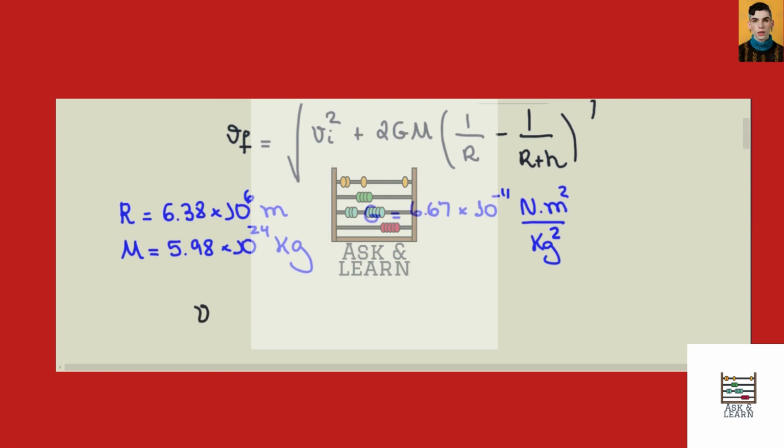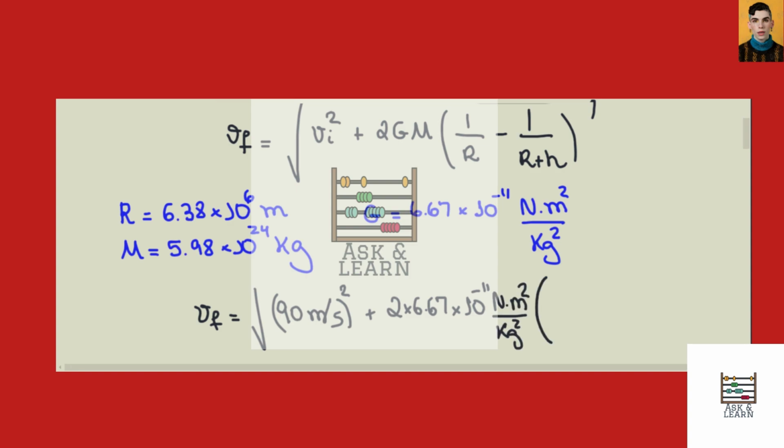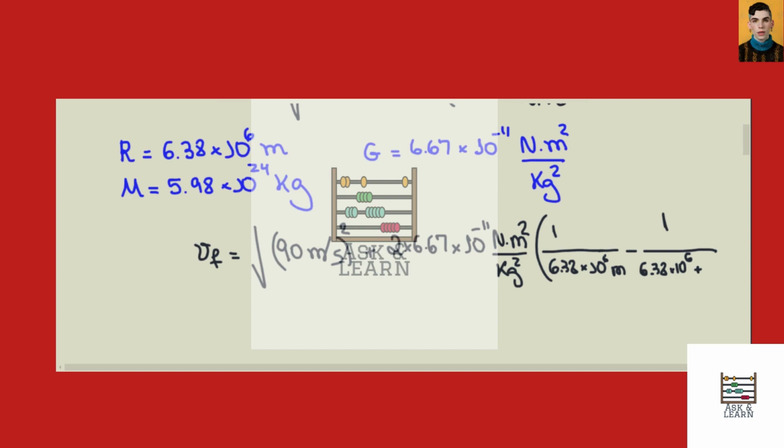So Vf is equal to the square root of the initial speed, which is 90 meters per second, squared plus 2 times 6.67 times 10 to the minus 11 newtons meters squared per kilogram squared times 1 over the radius of the Earth, that's 6.38 times 10 to the 6 meters, minus 1 over the radius plus h. I think it would be better if I just wrote this in the next line so that I don't have to shrink my number so much.